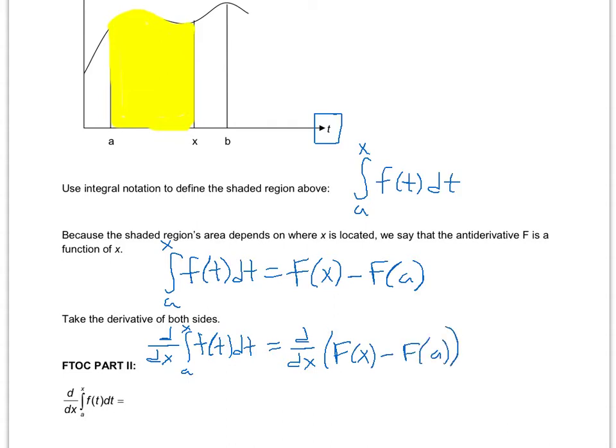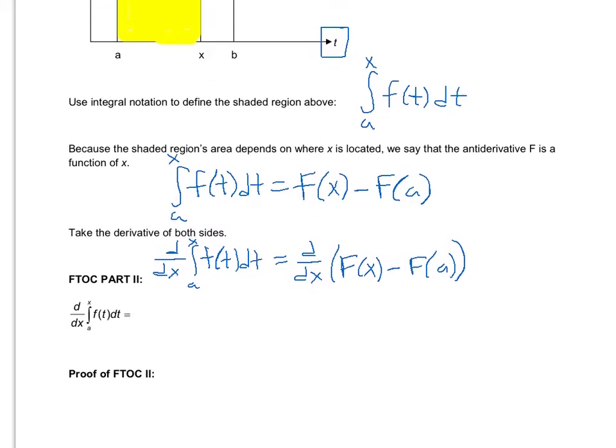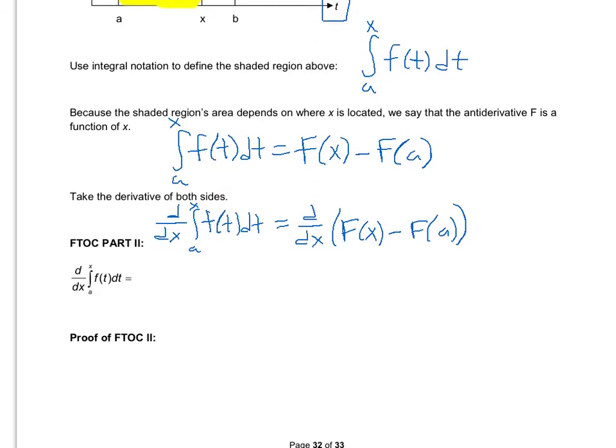And this is going to take me some room, so we're going to go ahead and slide this guy up. And the whole idea is I want to know what this equals. I want to know what the derivative of a definite integral with respect to x is.